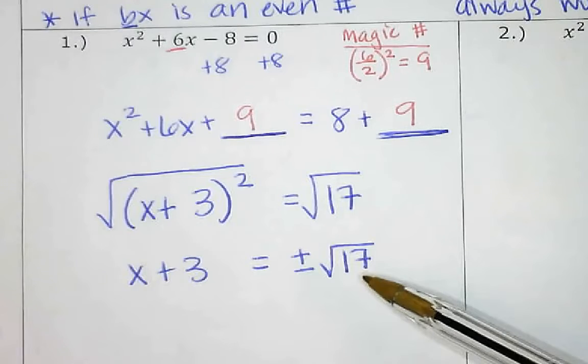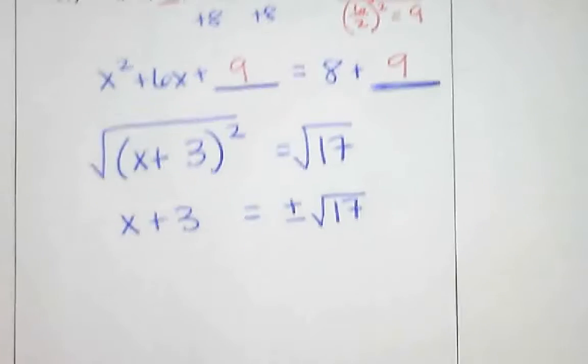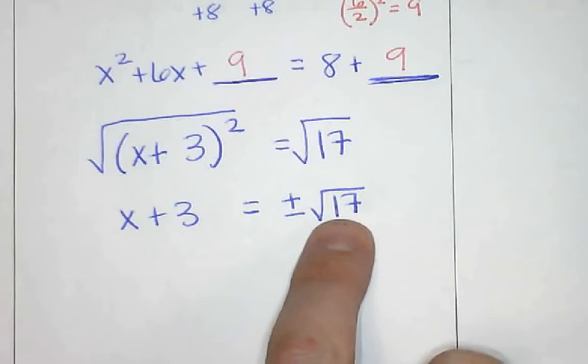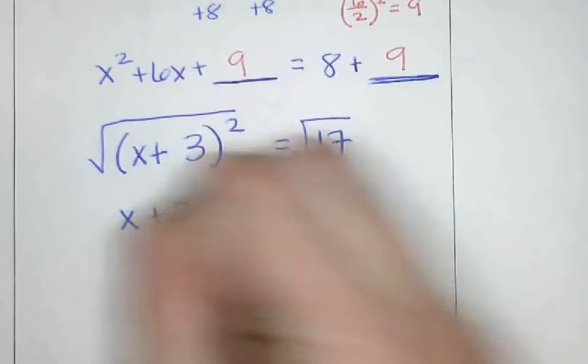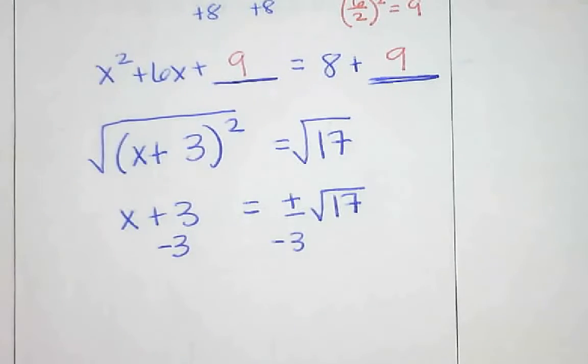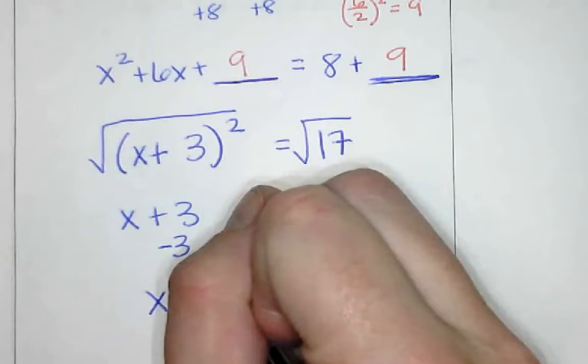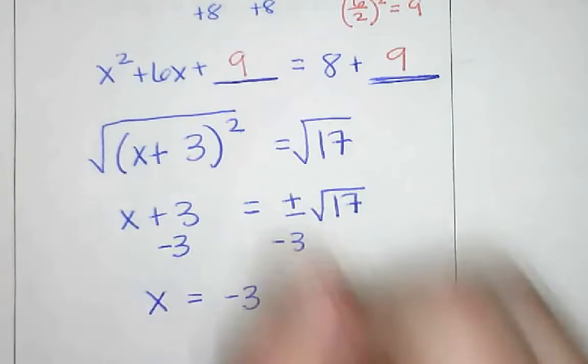So now we want to solve for x with both of these. If I subtract 3 from both sides here, then I am left with x is equal to negative 3 plus or minus the square root of 17.